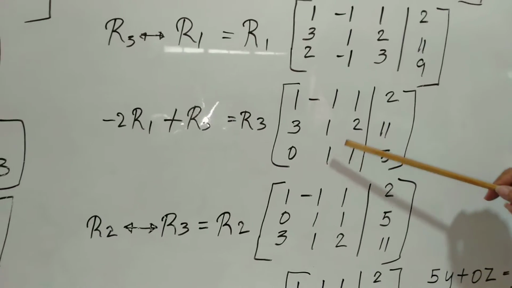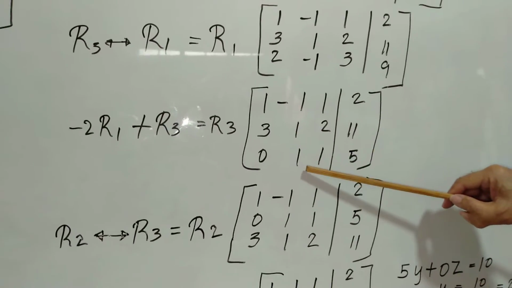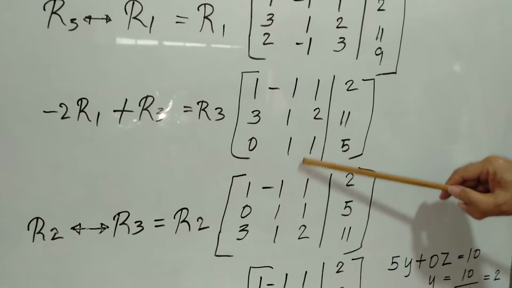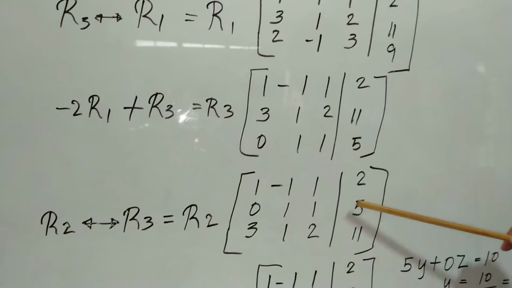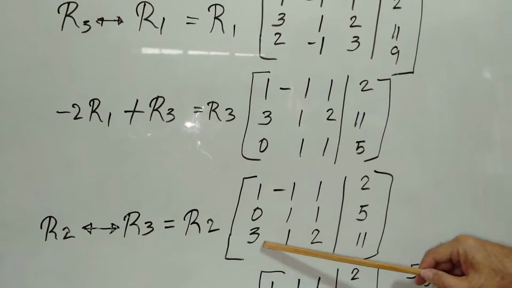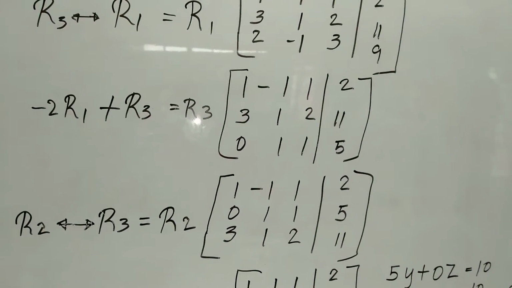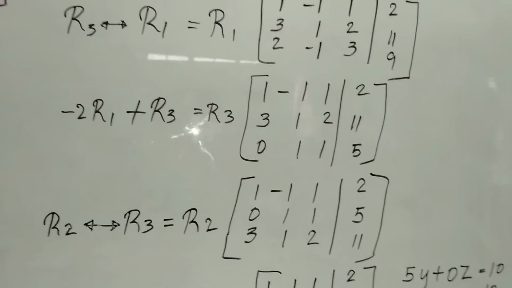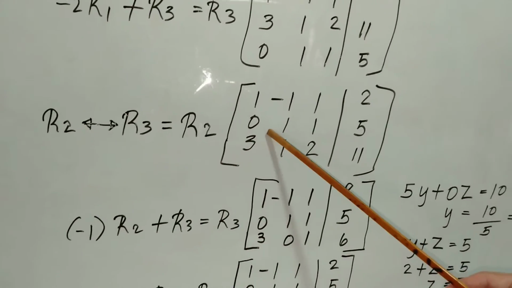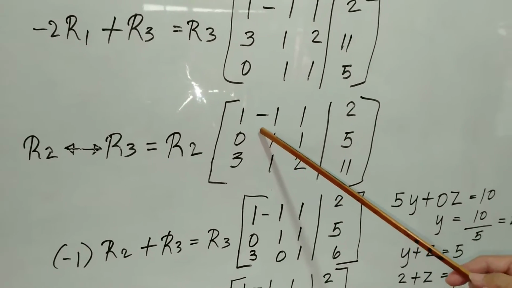Row 2 now will have the values of row 3, which is 0, 1, 1, and 5, and row 3 is 1, 2, 3, 11.